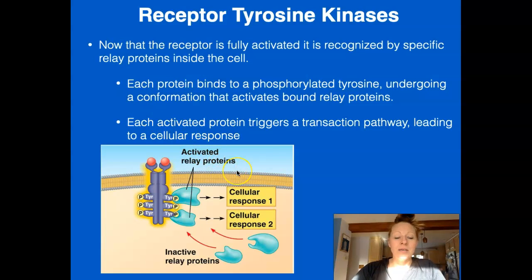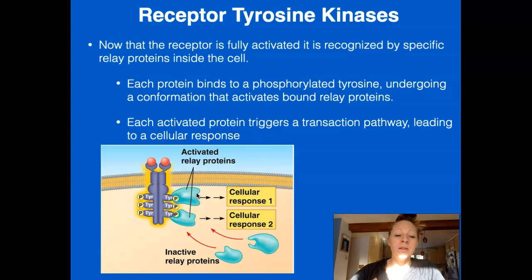So now that the receptor is fully activated, once those phosphates are on there, it's going to trigger a response. These proteins are going to attach to these RTKs, and it's going to change their conformation.